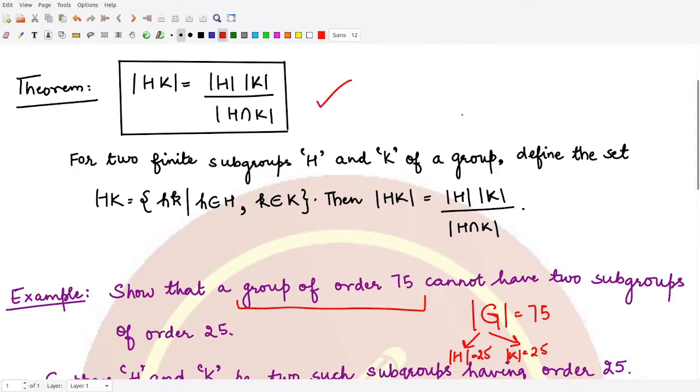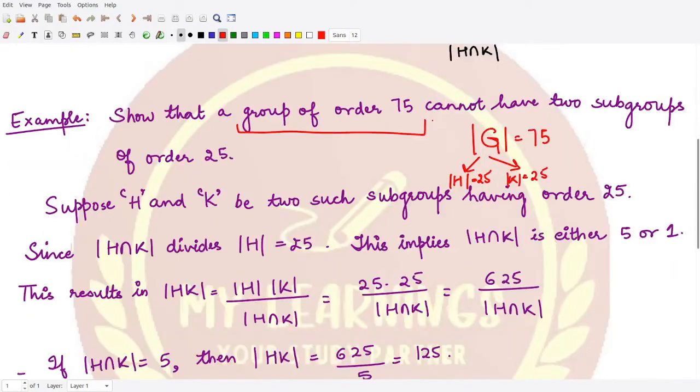So let's see how. For the proof, we first of all consider two subgroups H and K such that each one of them has order 25. If there is no problem in the proof ahead, then we will say that both of them had order 25. However, if that is not so, we would have some contradiction in the proof ahead.